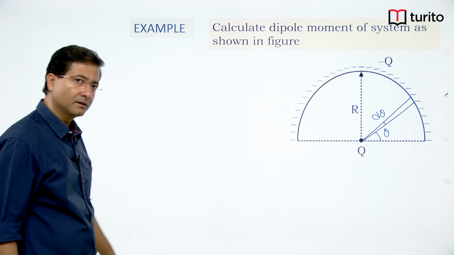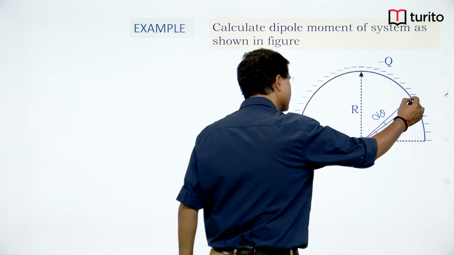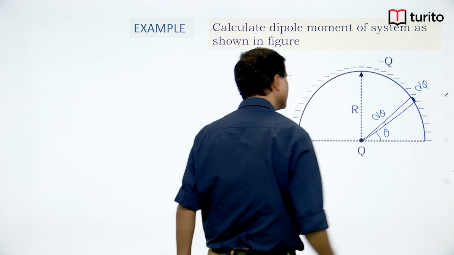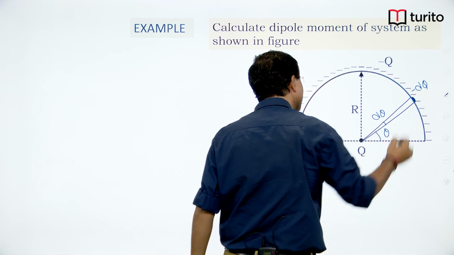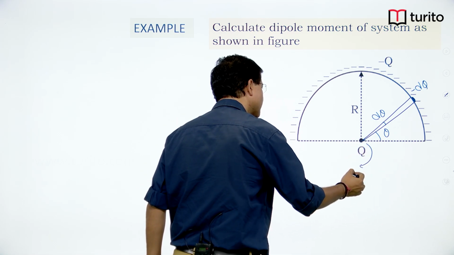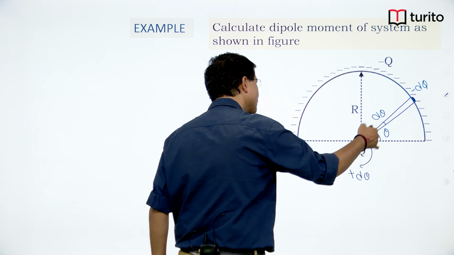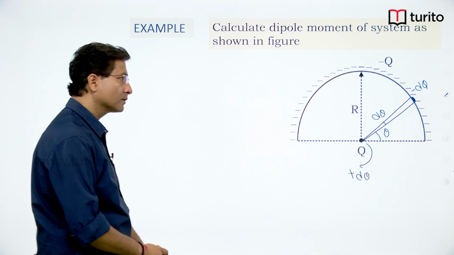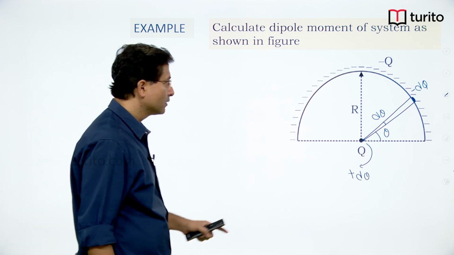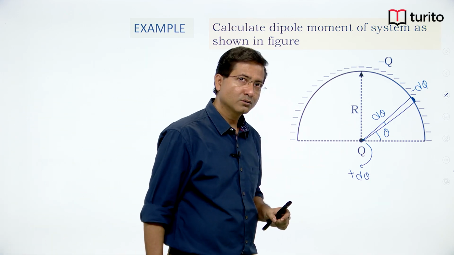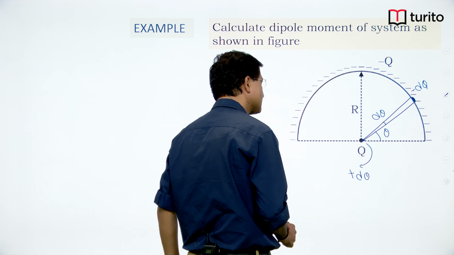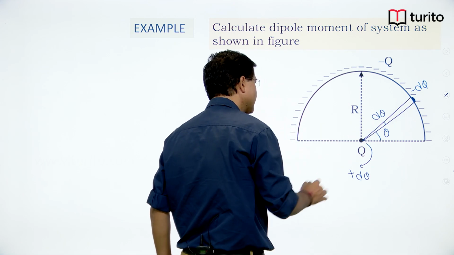then you can see the charge on this element, if I say dq, so this is minus dq, and if I take a small part of this one, that is plus dq, these two are making a dipole, right. The direction is from negative to positive, right.